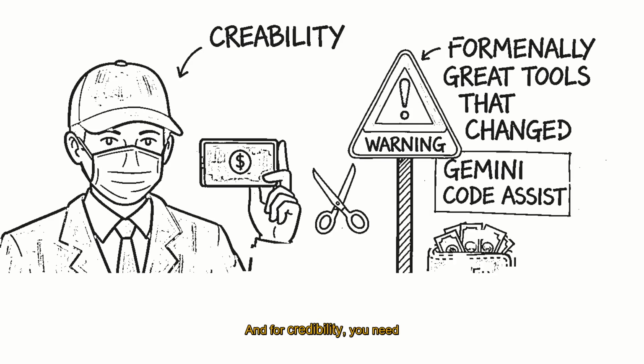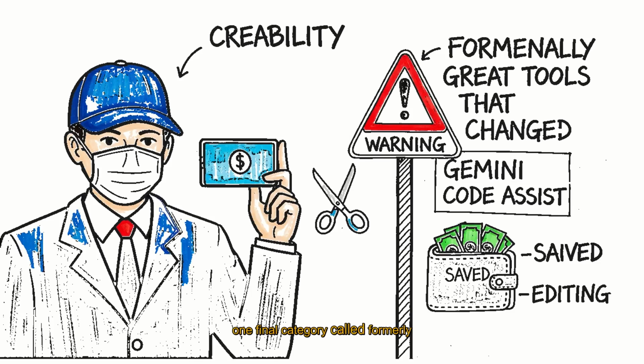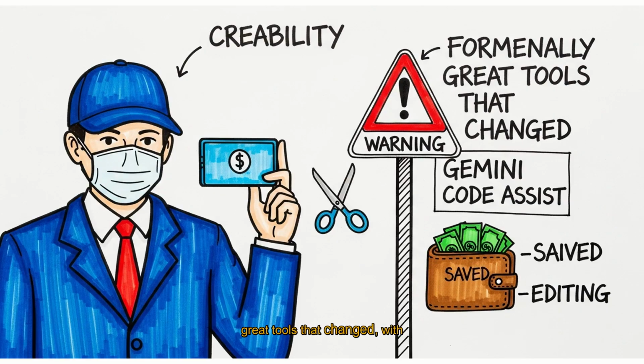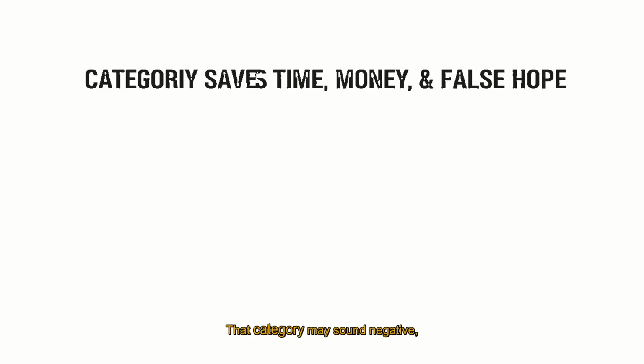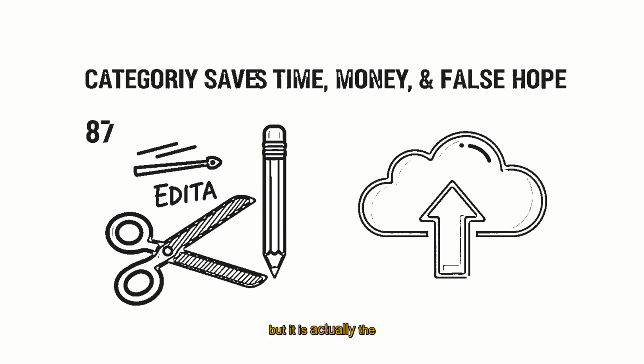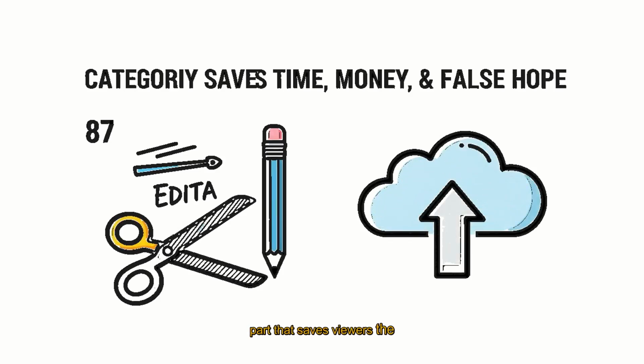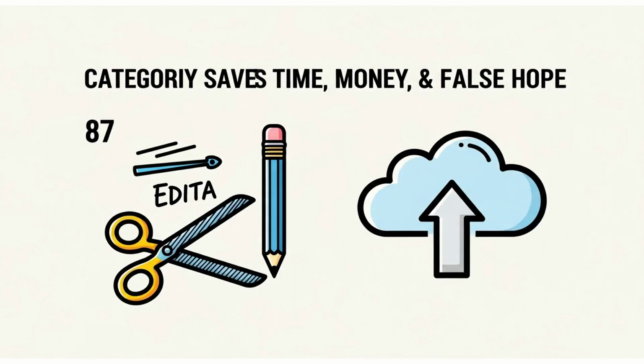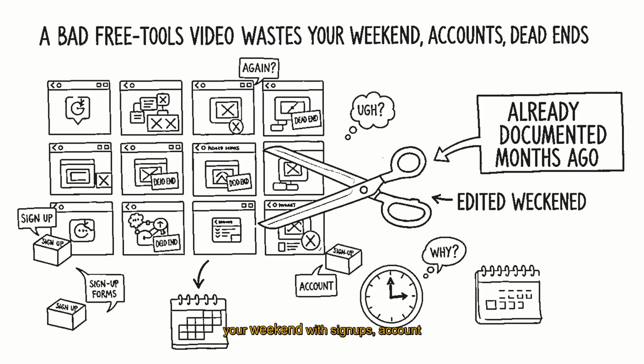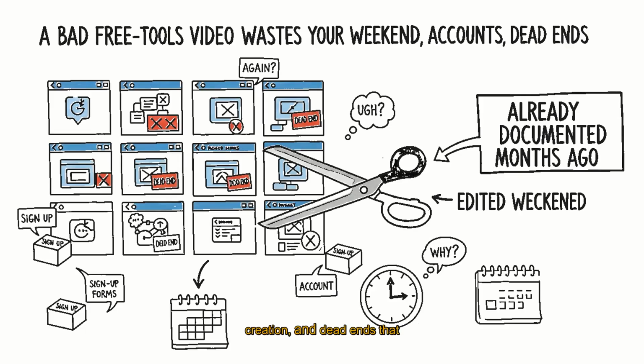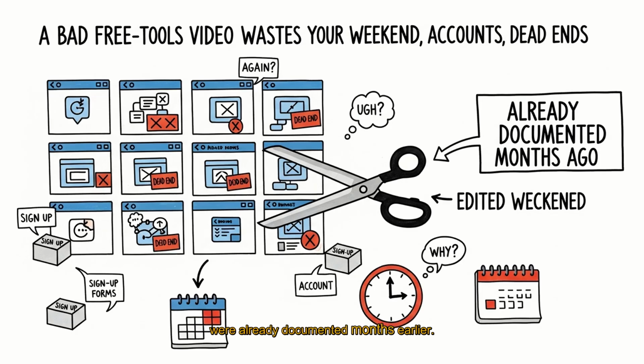And for credibility, you need one final category called formerly great tools that changed, with Gemini Code Assist as the strongest warning sign. That category may sound negative, but it is actually the part that saves viewers the most time, money, and false hope. A bad free tools video wastes your weekend with signups, account creation, and dead ends that were already documented months earlier.